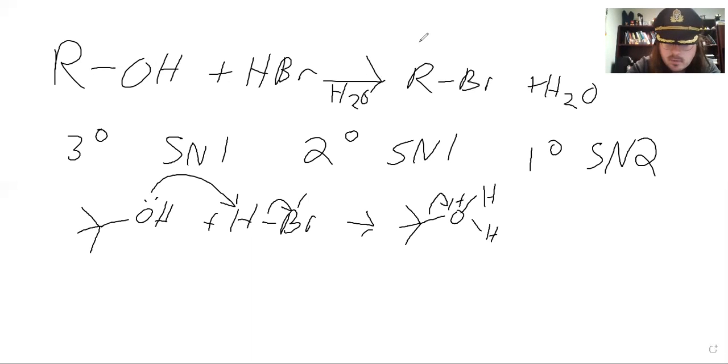Electrons go with that. We lose water. Suddenly we have our planar byproduct, the tert-butyl cation, and now bromine can attack either from the top or the bottom.